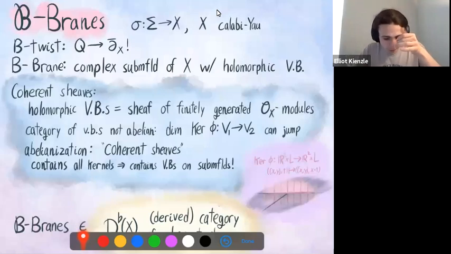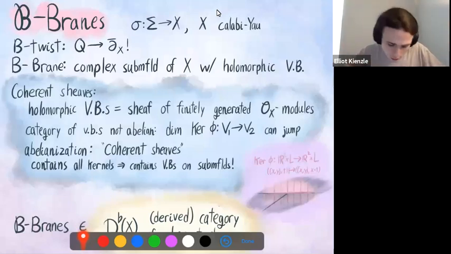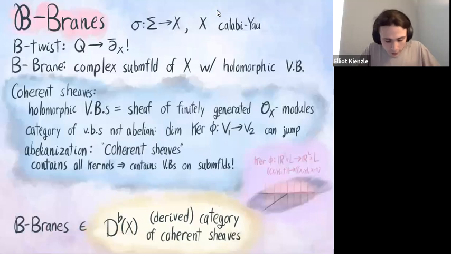Now, we need to turn this into a nice category, and the way to do that is with coherent sheaves. Just a reminder, holomorphic vector bundles, you can think of those as sheaves that are finitely generated as O of X modules, where O of X is the structure sheaf on X, the sheaf of holomorphic functions on X, right? The issue is, to do what we need to do later, we need this category to be abelian, which means that it's closed under the operation of taking kernels and cokernels.